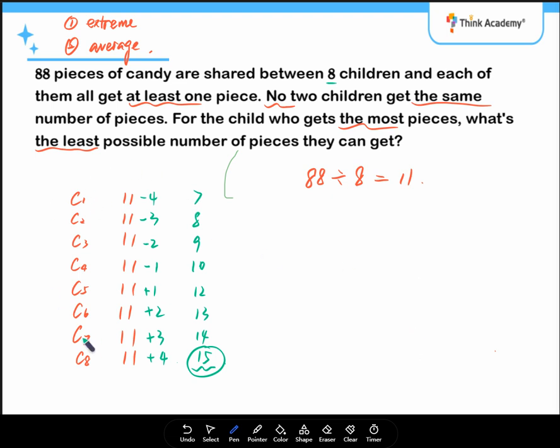But it depends. Maybe if there are more children, like 88 children, then I don't think it's reasonable for you to use this kind of method, because it will be too difficult to write down all those numbers. This is method 1, the listing method.